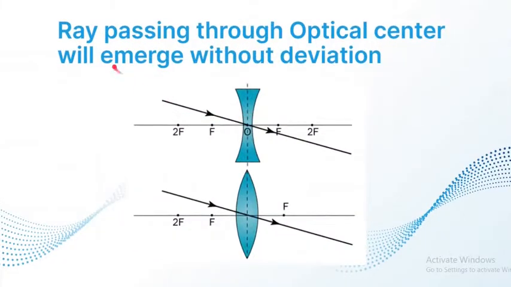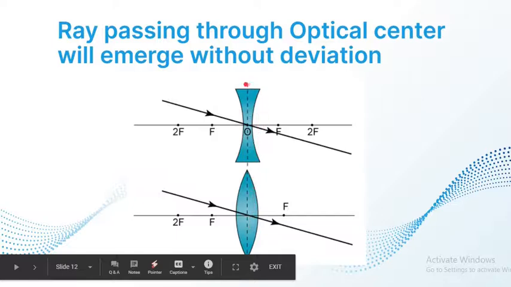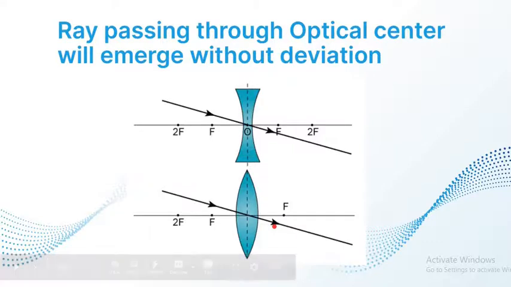A ray of light passing through the optical center of the lens goes straight without any deviation for both the lenses, that is, for the concave and convex lens. Using these three rules, we can draw the ray diagram.